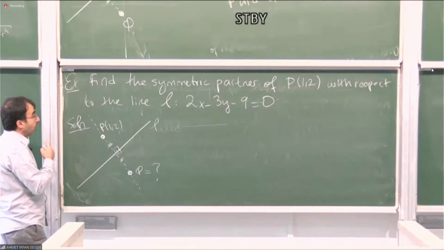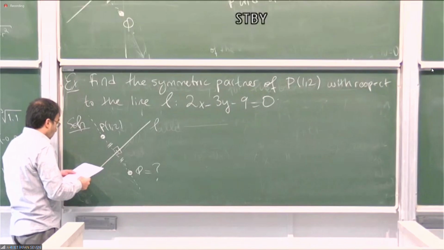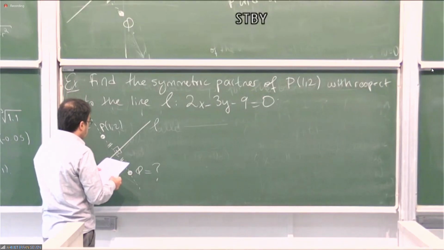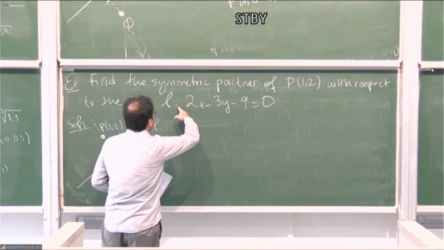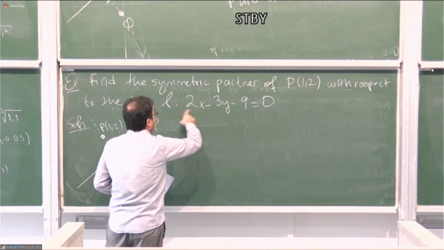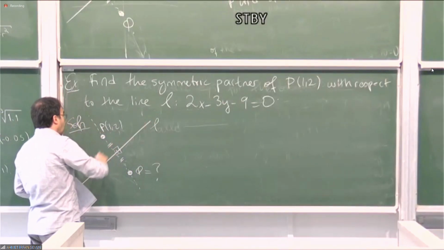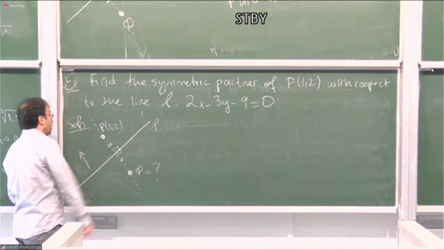However, I also know another thing. This plane has a normal vector. So I know the equation of this line, so I can write a normal vector for this one.